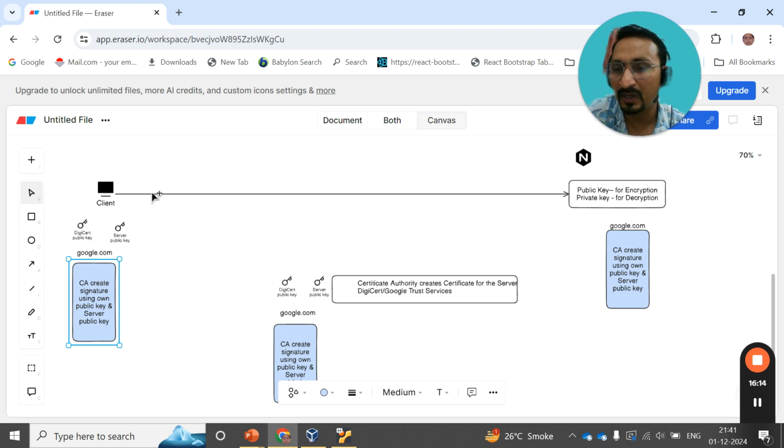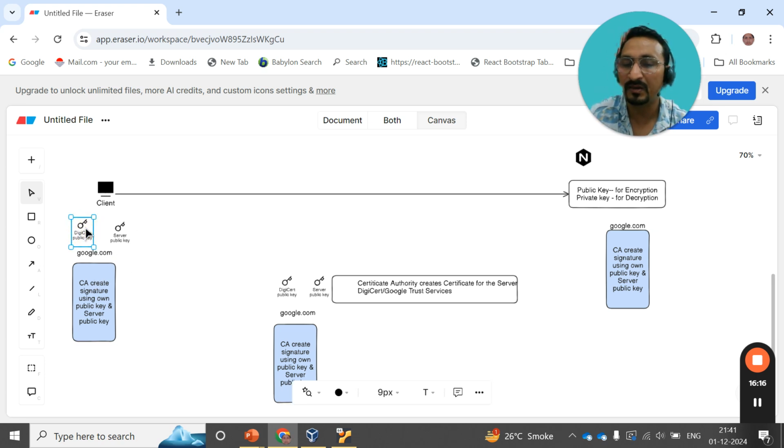Now the client uses the public key of the server, encrypts its own secret key with it, and shares it over the network to the server.